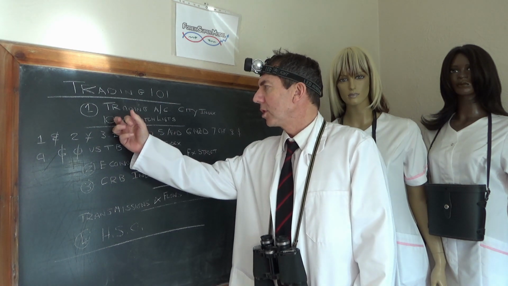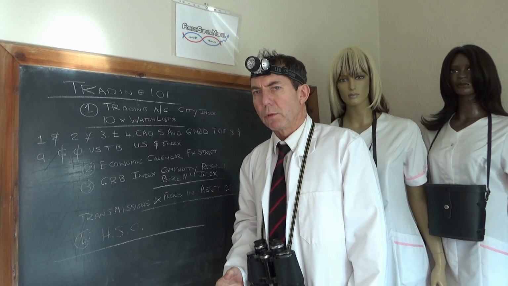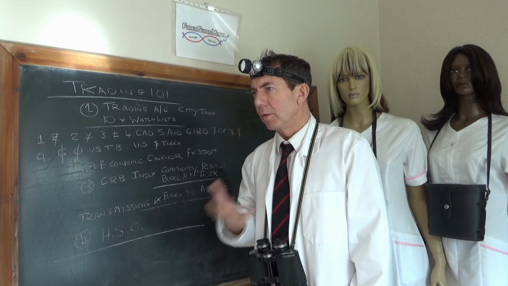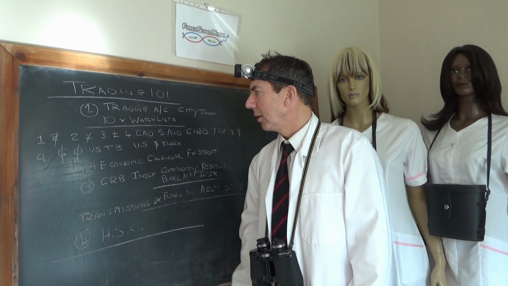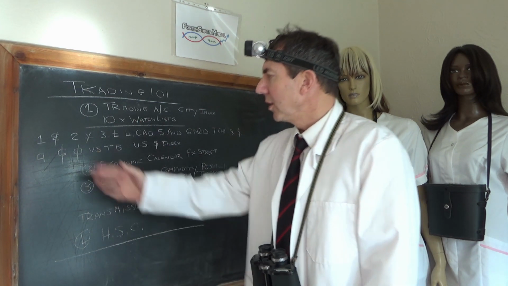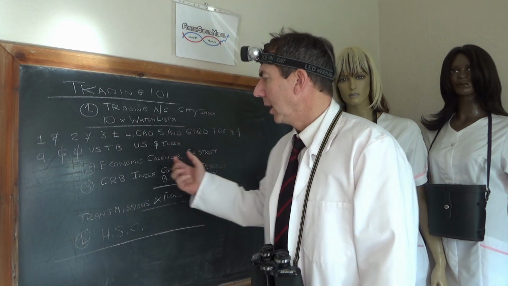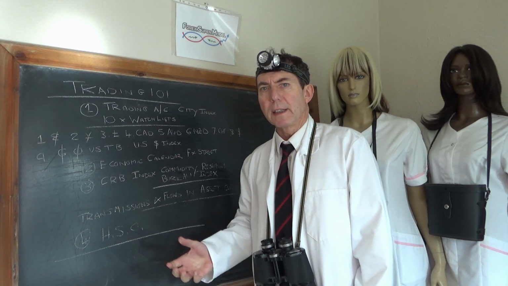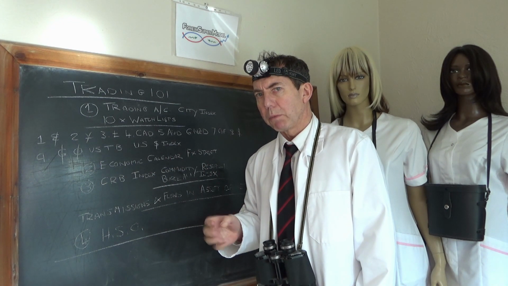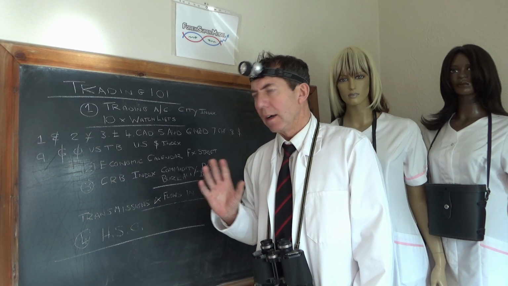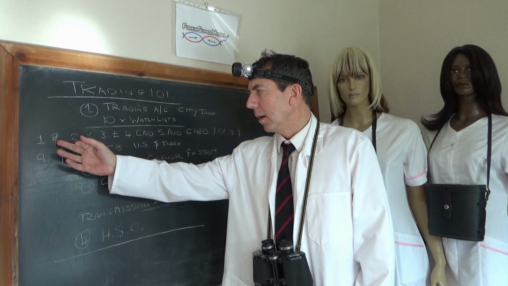You need 10 watch lists, which we'll show you how to feed in. There's a video on that, but we'll just briefly talk about it now. The first 8 watch lists are Forex complexes. And what do we mean by a Forex complex? Well, that's the main currency.